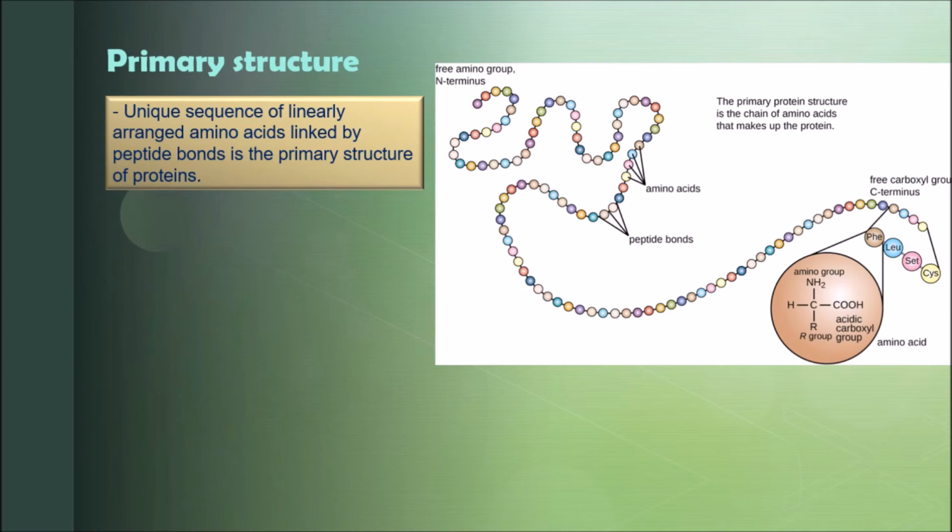The unique sequence of linearly arranged amino acids linked by peptide bonds is the primary structure of proteins. Each polypeptide chain has its own order of amino acids. The sequence of amino acids is determined by the DNA sequence of a particular gene that encodes the protein.